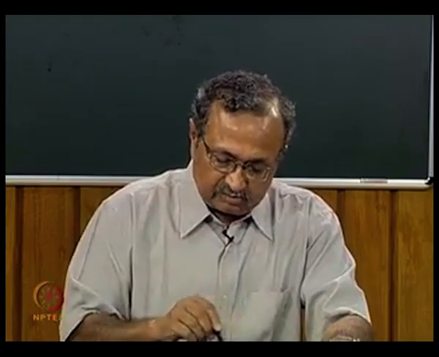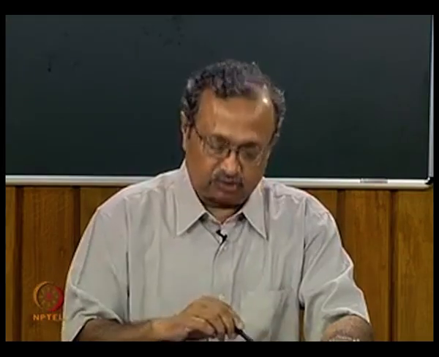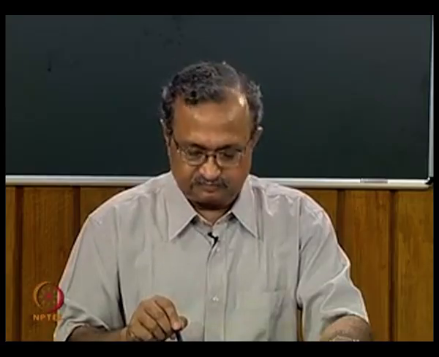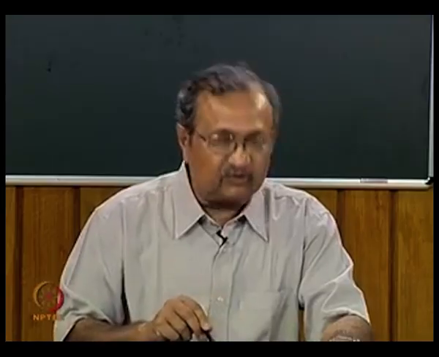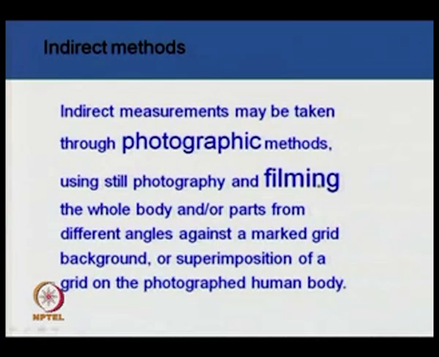Indirect measurements may be taken through photographic methods, using still photography and filming the whole body or parts from different angles against a marked grid background, or superimposition of a grid on the photographed human body. But in this case, we must consider the problem of parallax error.